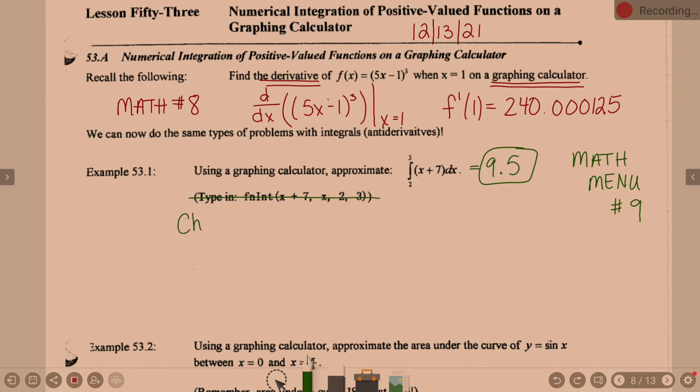Will you work this with me by hand, please? Oh, well, thank you. So if we're going to check this by hand, I'm doing the integral from 2 to 3 of x plus 7 dx.